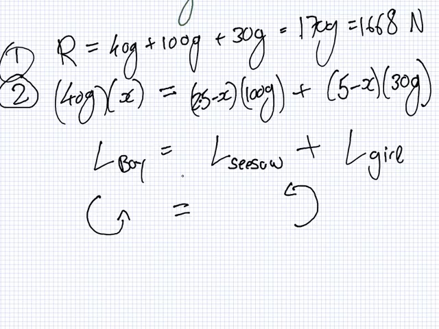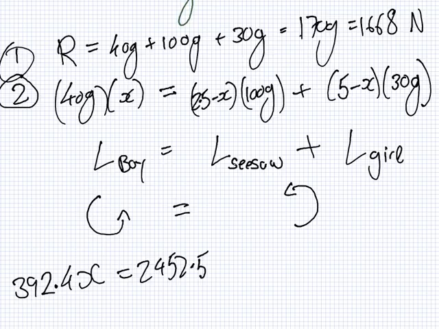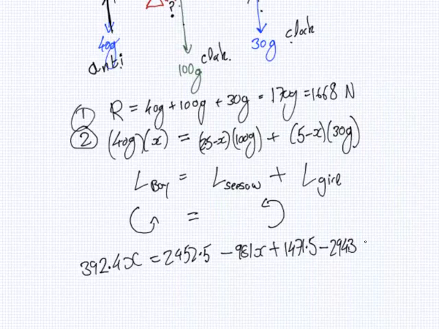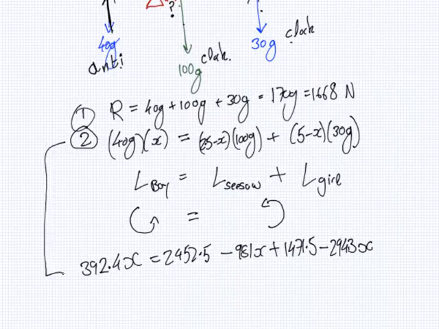Let's just put in some numbers. 40 times 9.81, so we get 392.4x equals, the next one would be 2452.5 minus 981x plus 1471.5 minus 294.3x. So I just took this and expanded.